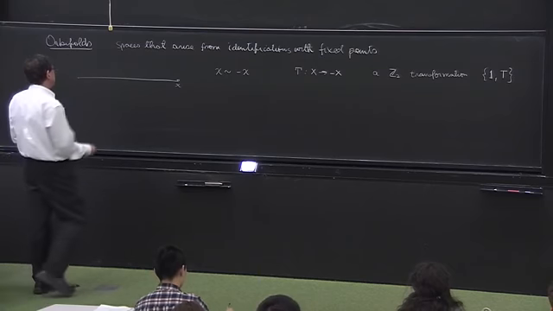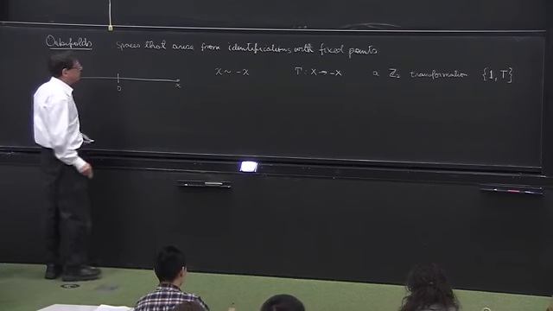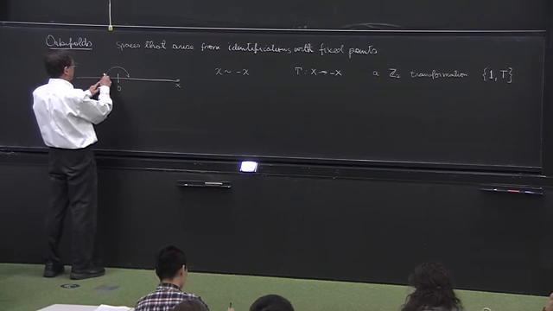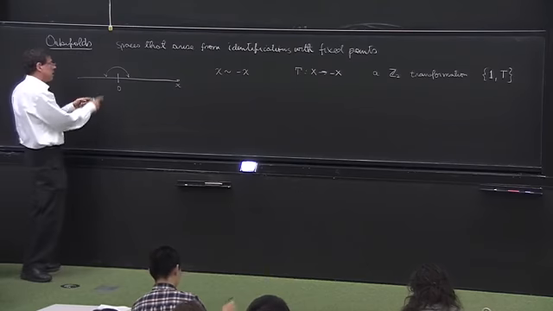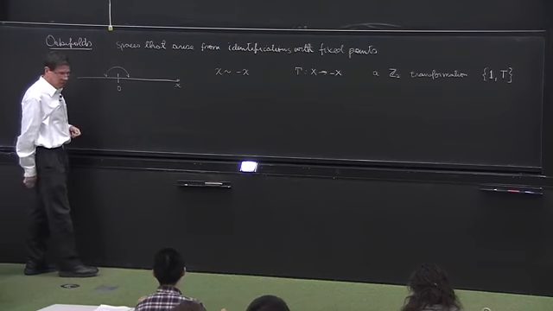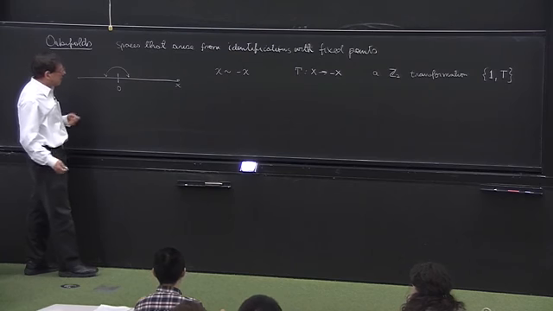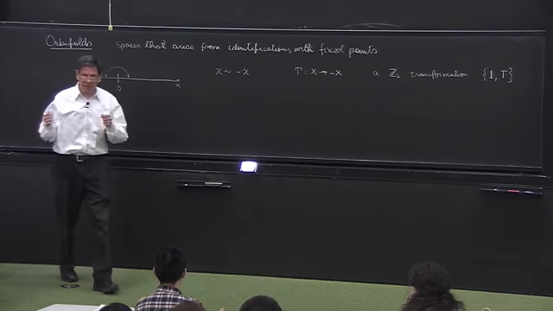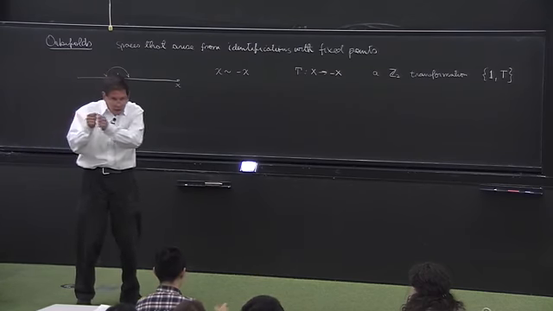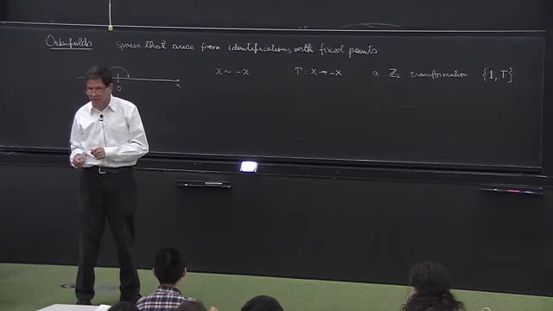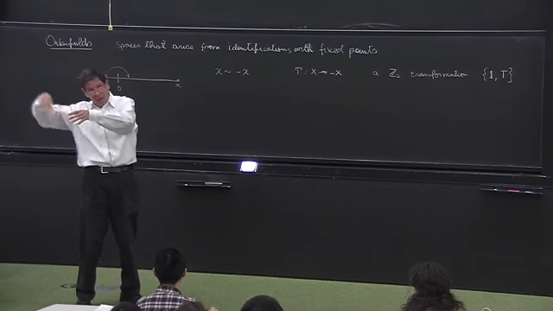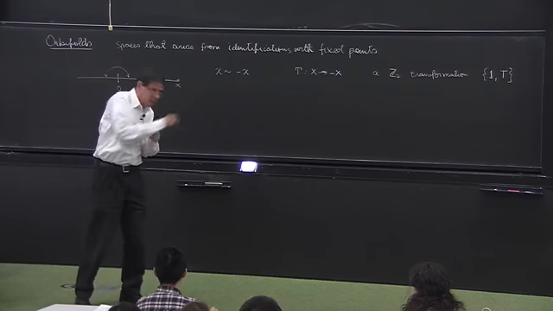So what happens if you do this? You have the origin here. You're supposed to identify points like this, and you fold this. And basically, your intuition tells you that you got half the space only. So what is a fundamental domain for this identification? Remember, yesterday we said the fundamental domain is a region of the original space in which no 2 points are identified, and every point in the whole space has a representative in it.